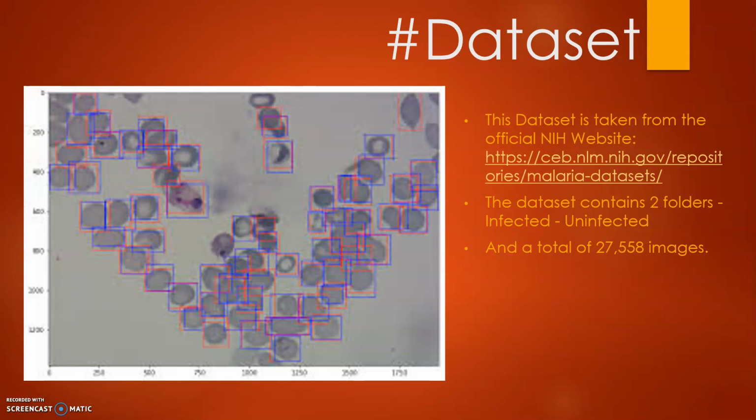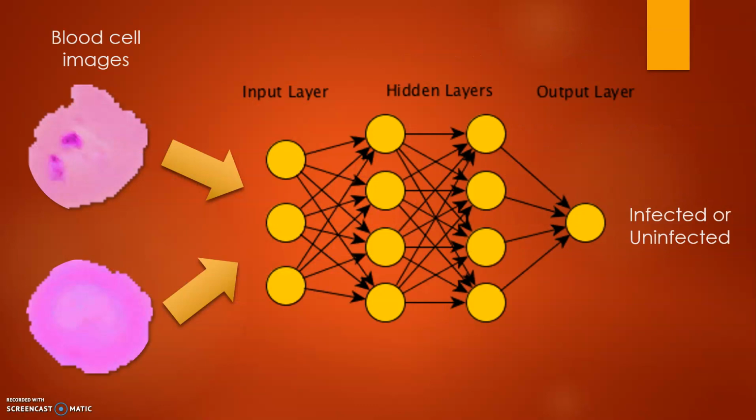With that, we're thinking of using a dataset publicly available from the National Institute of Health that includes 27,000 blood cell images that are already segmented and stained. So it will make our training process easier, and we split it into 80% for training and 20% for testing.